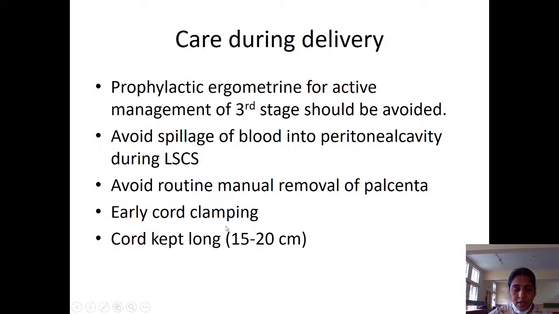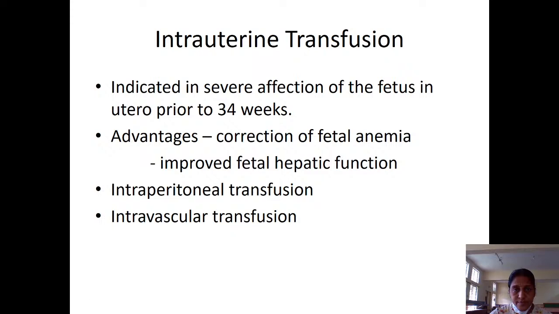Regarding cord clamping, clamp the cord early, and if the cord is long around the baby, take care. Then transfusion of blood if the baby is severely affected.